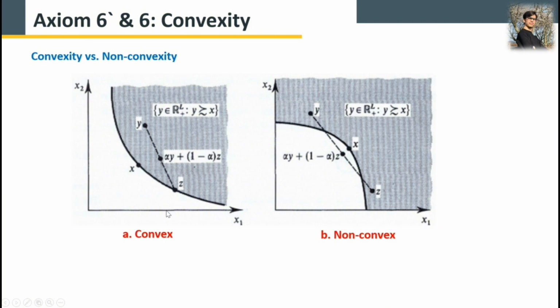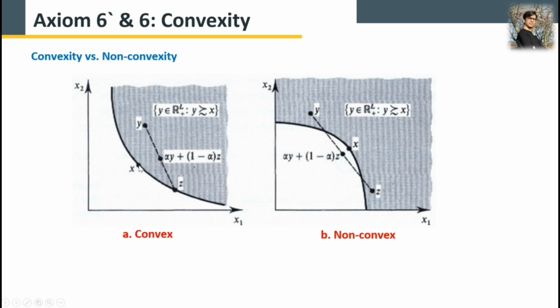Why? In panel A, when y is at least as good as x and z is at least as good as x, a point in between, which is the combination of alpha y plus 1 minus alpha z, is also at least as good as x. Why?